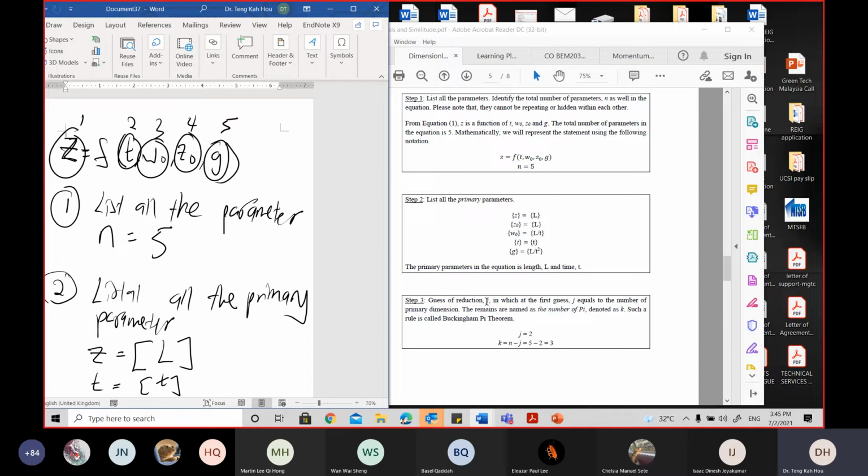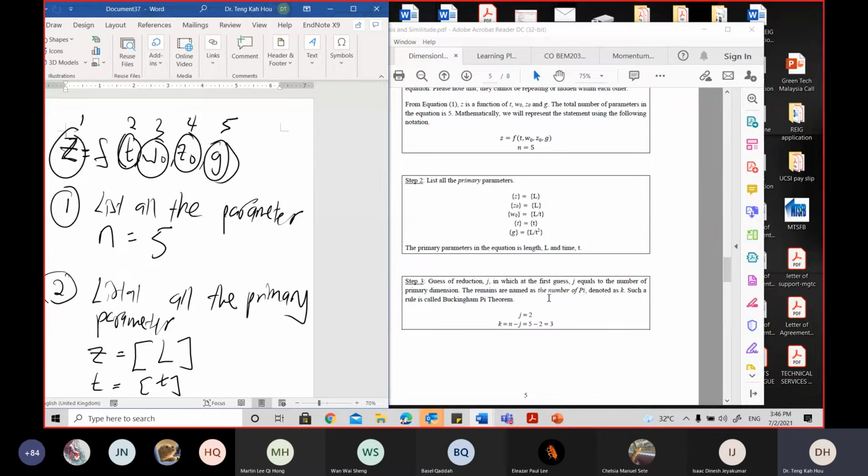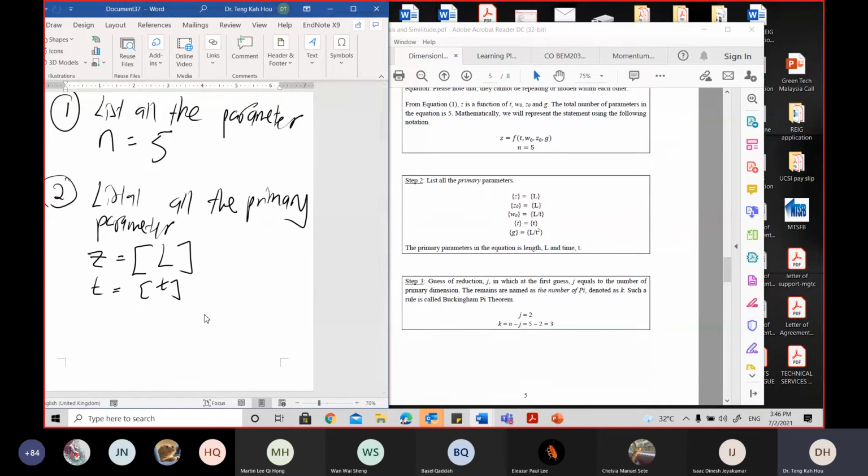That's why your guess of reduction will be j, so your j will be 2. Okay, and then you look for this, you get your j value.